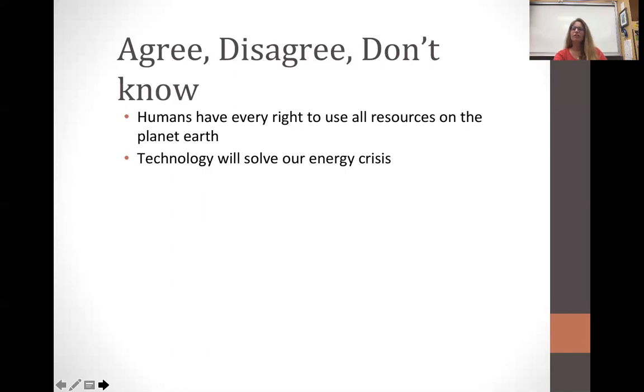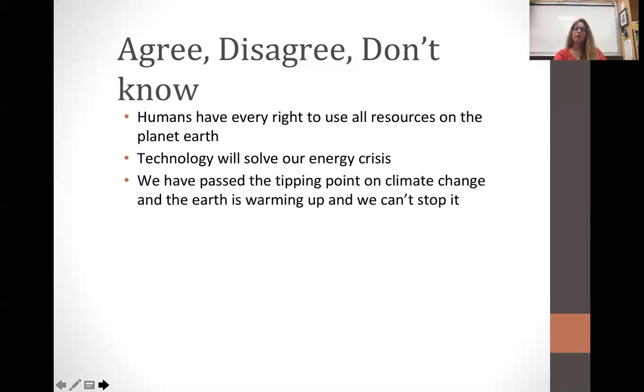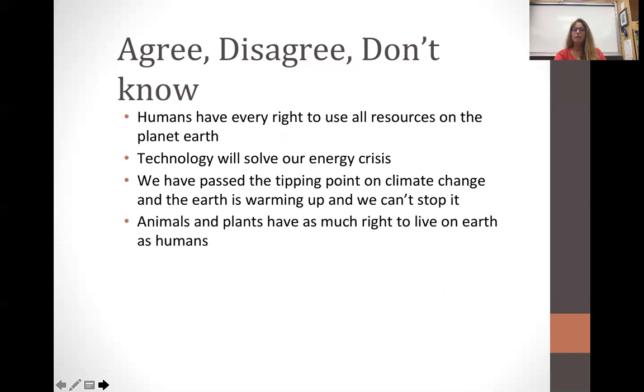Technology will solve our energy crisis. So you know we are running short of oil. It's our main source of energy. And the statement here is that technology will solve that problem for us. We have passed the tipping point on climate change, and the earth is warming up, and we can't stop it. Animals and plants have as much right to live on the earth as humans.